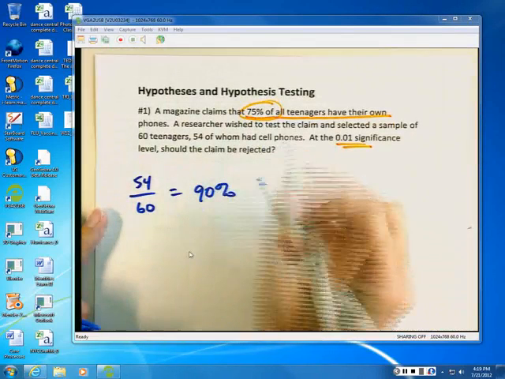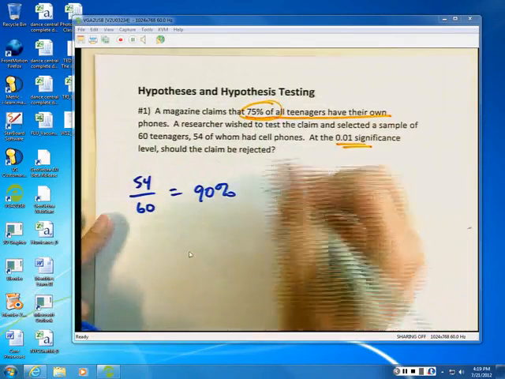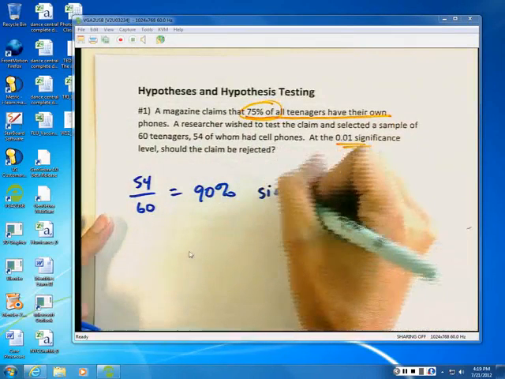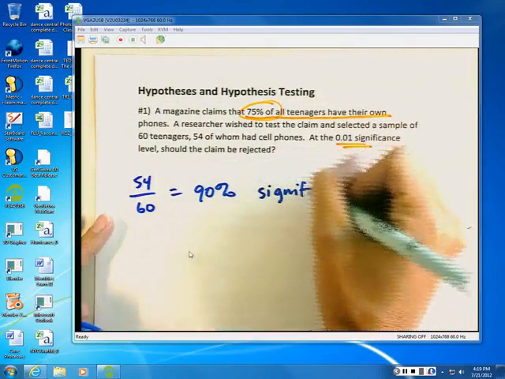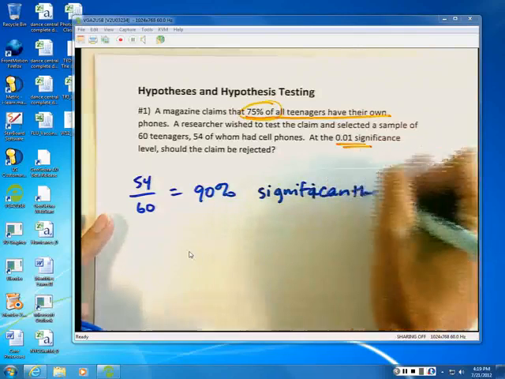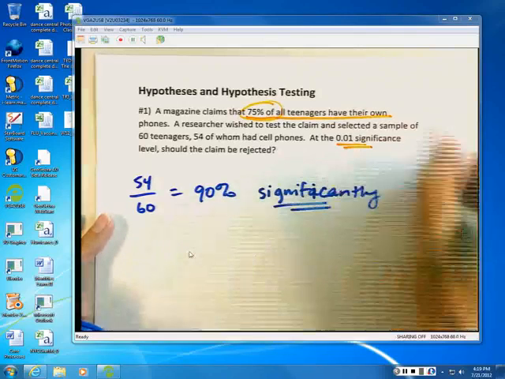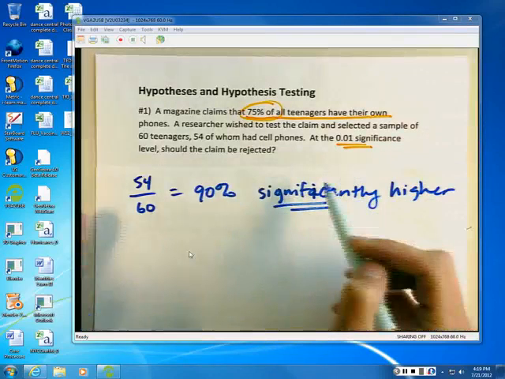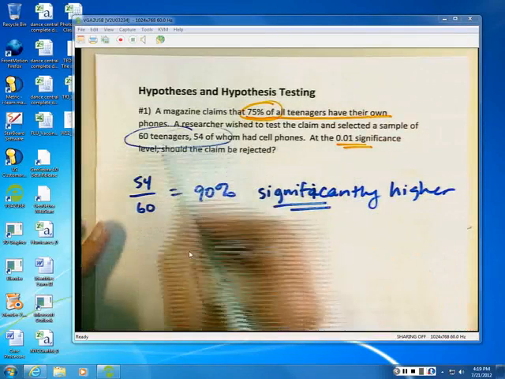Did you catch that phrase that I used? I didn't say that it looks like it's higher or different. I said it looks like it's significantly higher. Significantly, if I can spell it. Significantly higher.